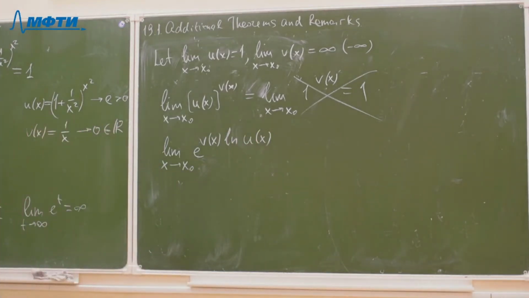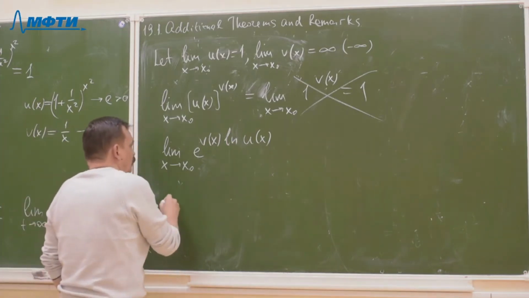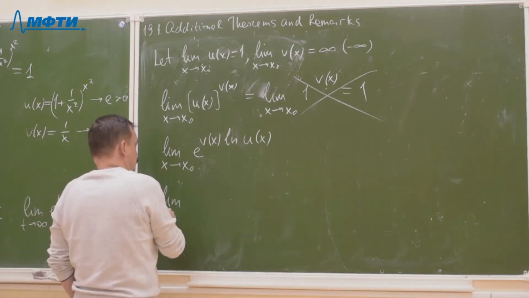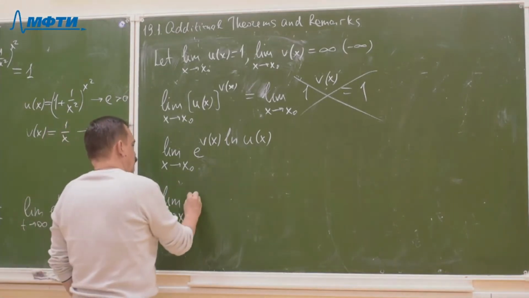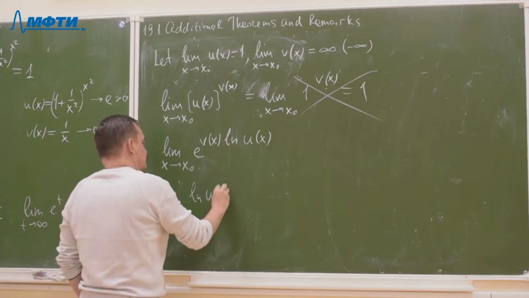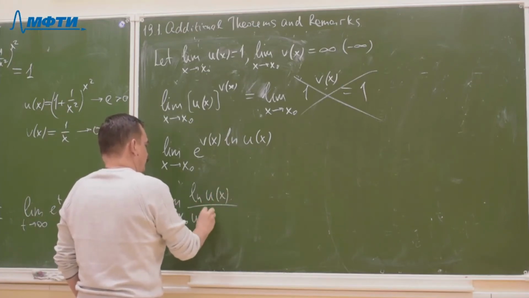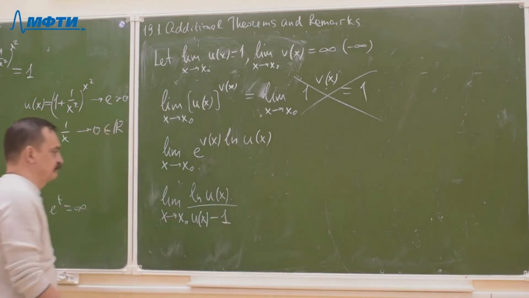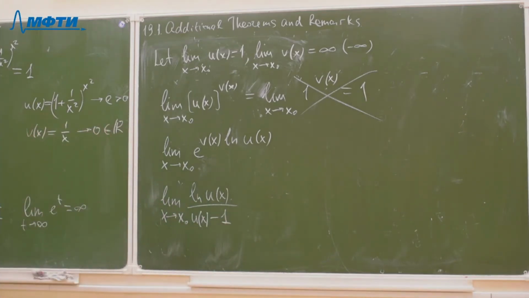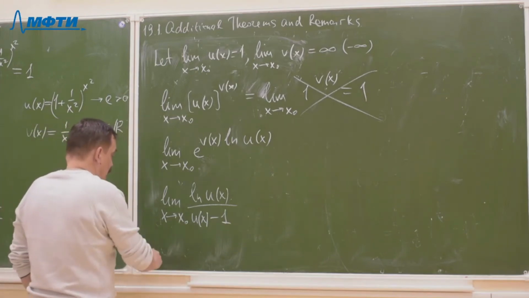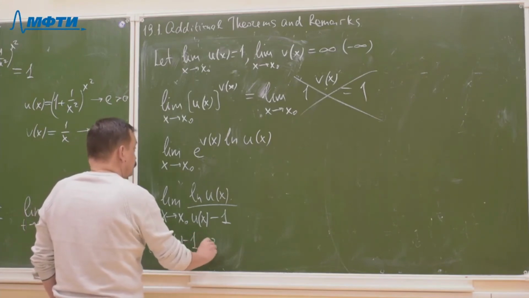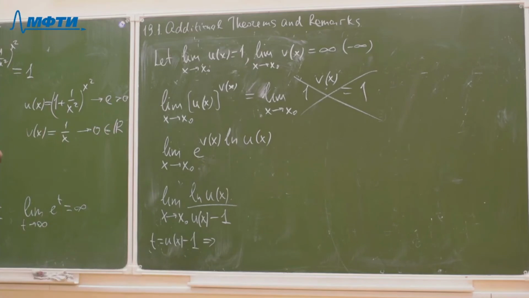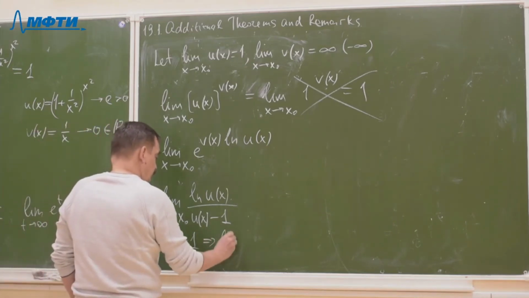Now the limit as x tends to x naught of logarithm u of x over u of x minus 1. How can we proceed? If we substitute t equals u of x minus 1, then what do we have?